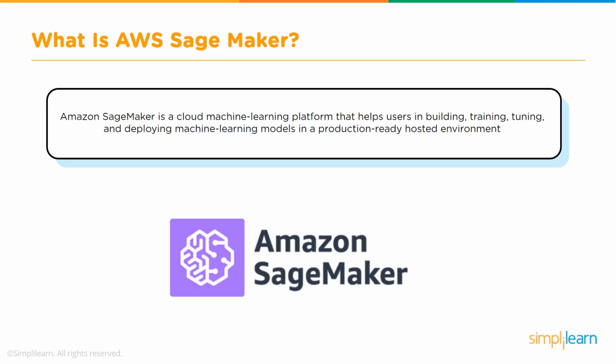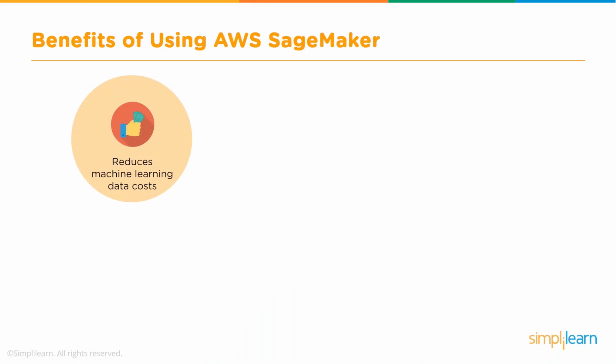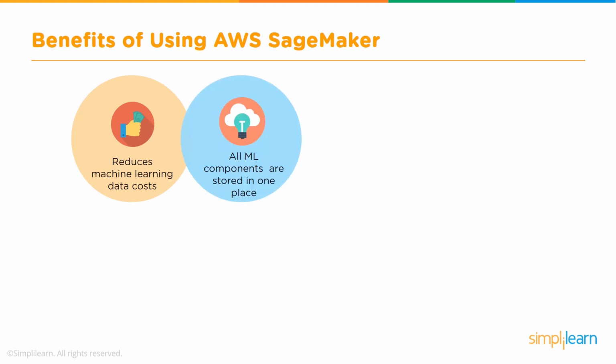Now, what are the benefits of using AWS SageMaker? The key benefits are: it reduces machine learning data cost, so you can do cost optimization while running this service on AWS. All ML components are stored in a particular place in a dashboard, so they can be managed together. It's highly scalable, so you can scale this service on the fly.